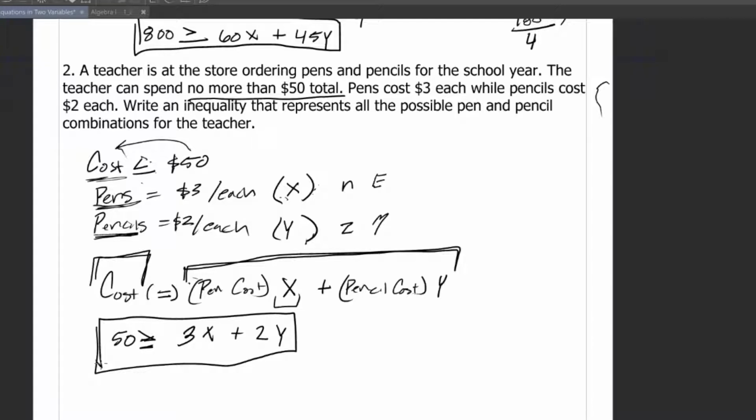Each size 8 costs $10, and each size 10 costs $15. I don't know, how much does it cost if you want to spend less than $400 for your full athletic team? So how many players can you have of each? So you can create your own questions and then work through them and just check your steps with what's here. And I think that's a way to improve in this subject.